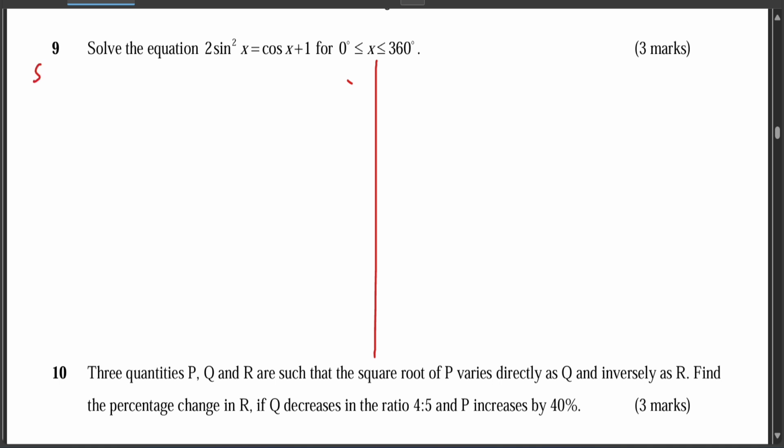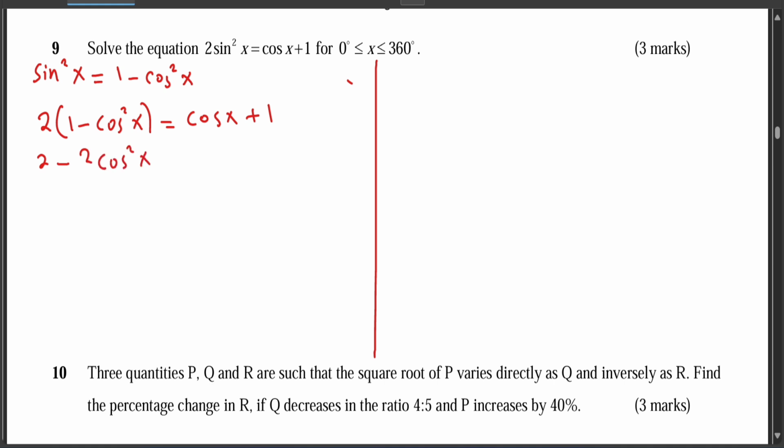So there's a method that I'll use here, which is sin squared x is equal to 1 minus cos squared x. So pale ambapo kuna sin squared x, you convert it into 1 minus cos squared x. So ile 2 uta multiply by 1 minus cos squared x equal to cos x plus 1. So you open up the bracket, so itakuwa ni 2 minus 2 cos squared x equal to cos x plus 1. Sawa.